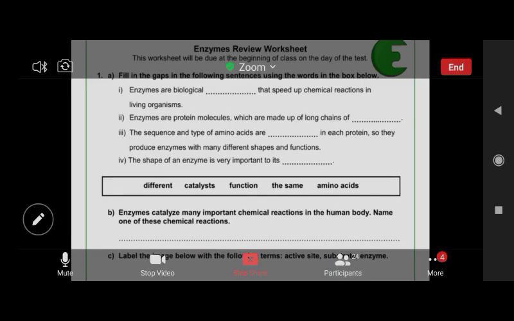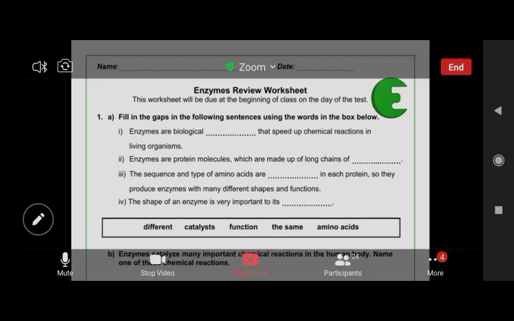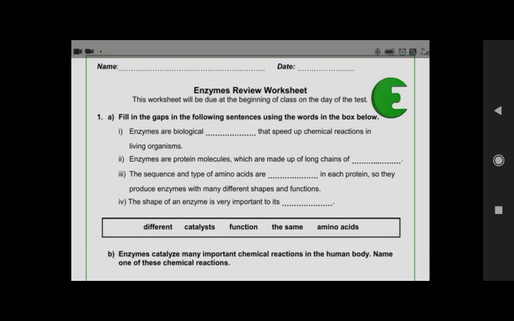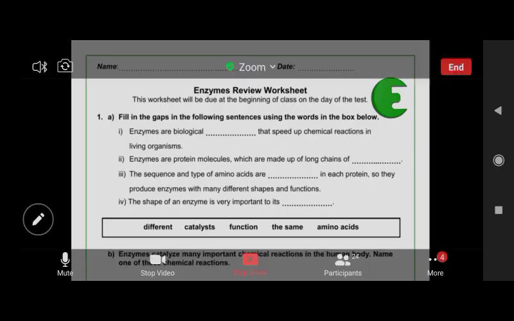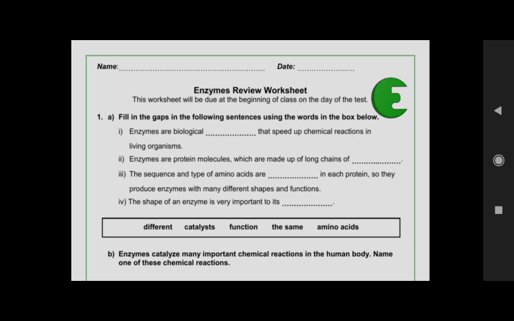Now let us come to the discussion of the worksheet. First, fill in the gaps. Number 1, enzymes are biological. Students, take the screenshot.